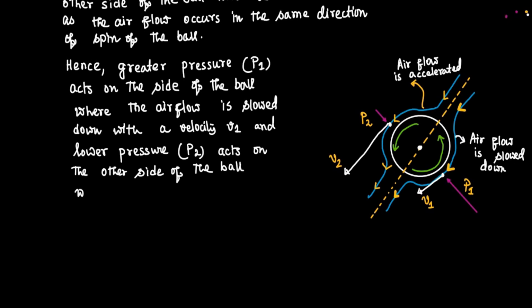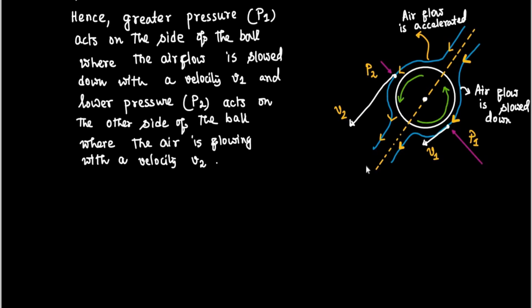Lower pressure P2 acts on the other side of the ball where the air is flowing with a velocity v2, with a greater velocity v2.